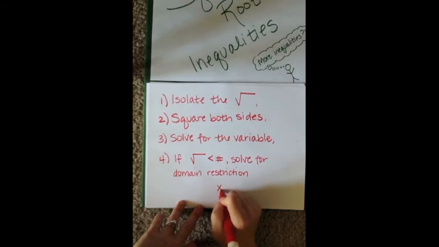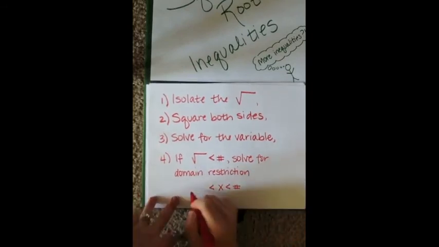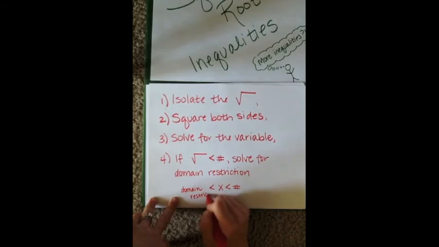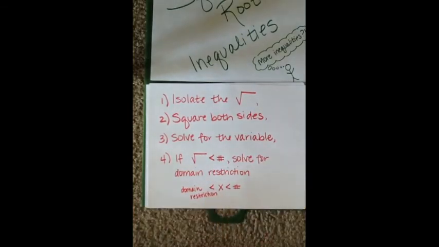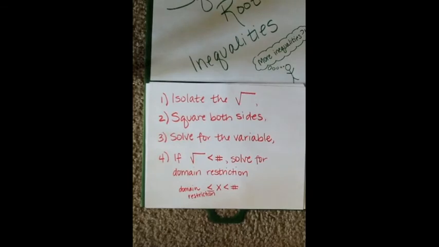So you'll end up having something like this. And obviously this could be equal to, or it could just be less than. Okay? That's only if a square root is less than a number.